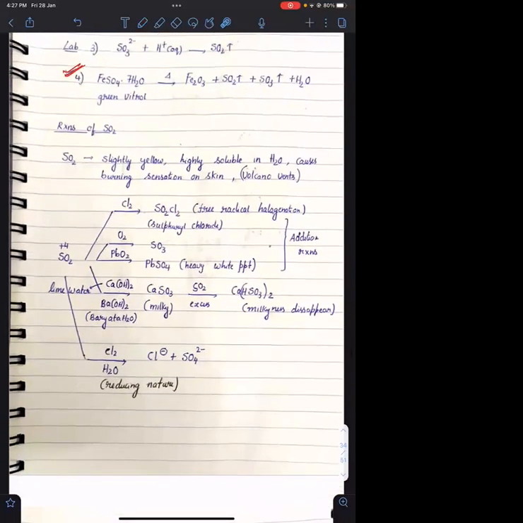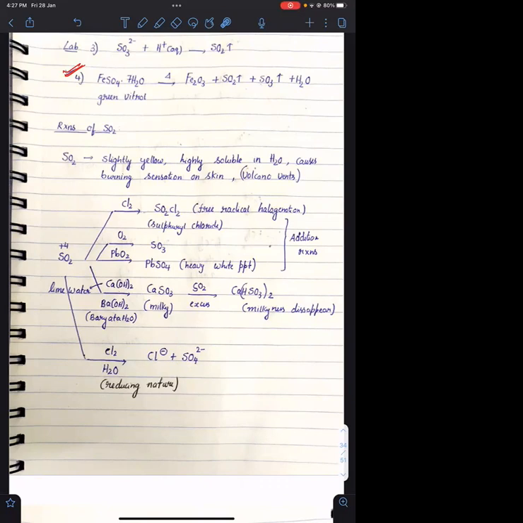Okay. Next, in the p-block chapter, the reactions of O3 and the reactions of SO2 are both very, very important. O3 is an oxidizing agent because it gives nascent oxygen. SO2 is a reducing agent.